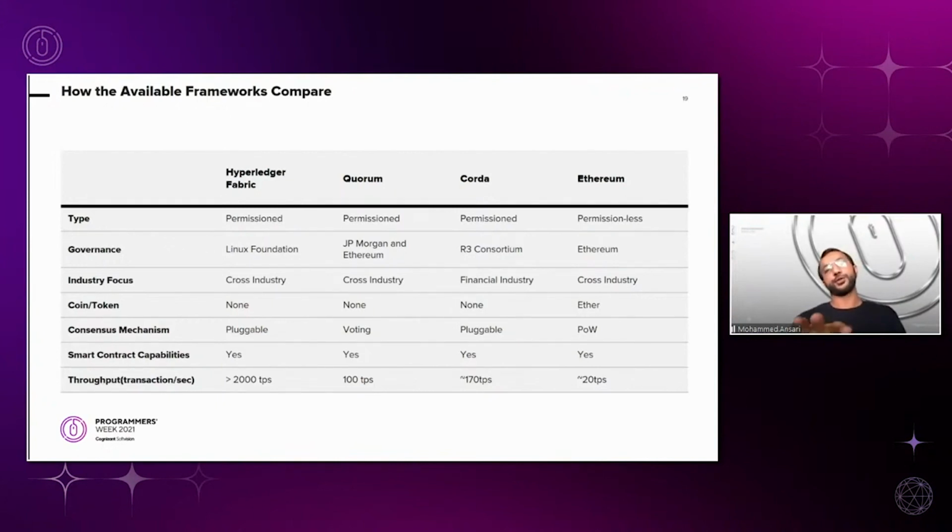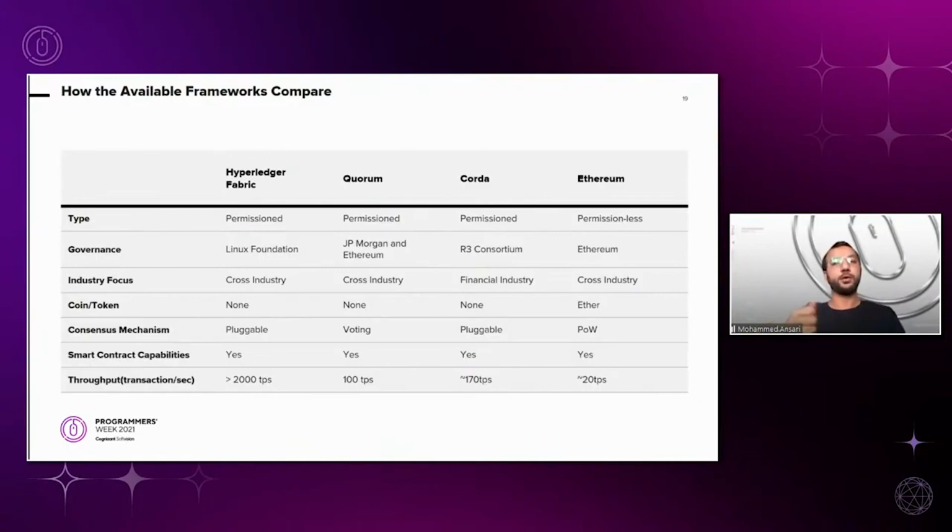Now, in terms of the comparison, Hyperledger Fabric was originally introduced for cross-industry use cases. It wasn't targeted towards a particular industry. And if we see the other three on this table, Quorum, Coda, and Ethereum, they were all concentrated mostly on fintech, financial use cases.